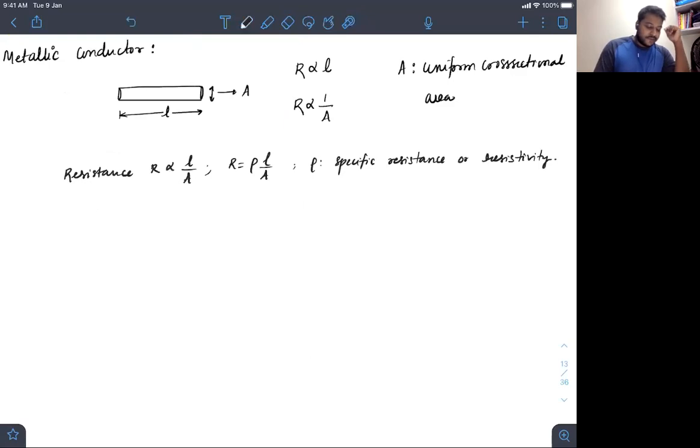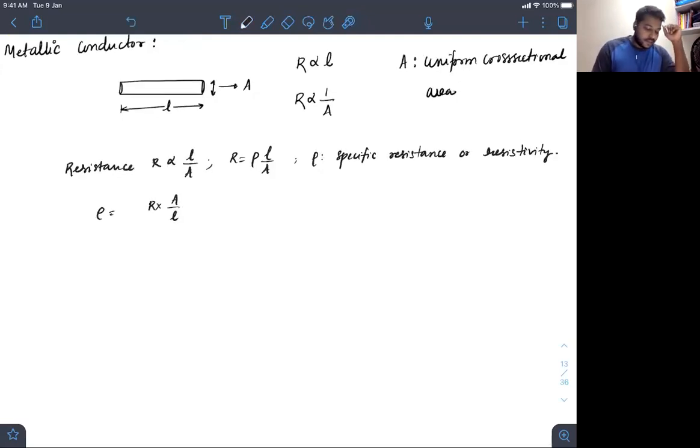Now students, when we use the terms specific resistance or resistivity, how do we define them? Rho is equal to R into A by L. We define this as the resistance a wire exhibits for a unit cross-sectional area and unit length.